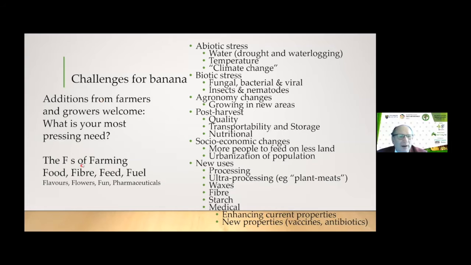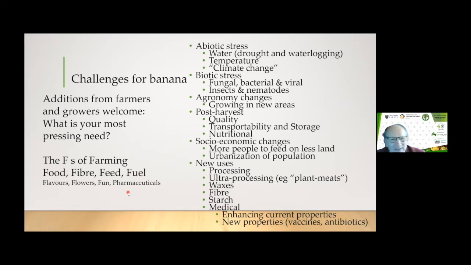I always talk about the F's of farming here, and of course, banana particularly provides us with food and fiber. Other crops provide us with feed for animals and fuel to burn or to ferment, and then other things, flavors, horticultural industry with the flowers, the fun of native environments, or where we plant plants for enjoyment, whether that's in golf courses or in woodlands and so forth.